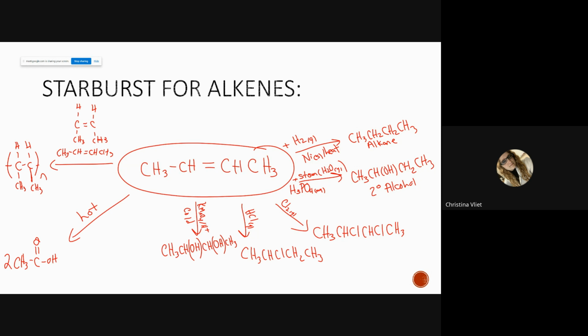Some people mentioned, I heard free radical substitution. And although free radical substitution isn't diagnostic of an alkene, could it not be used on an alkene since there's an alkane part? Yes. So you could, if you felt like it, add UV light and pick a halogen, except for fluorine.